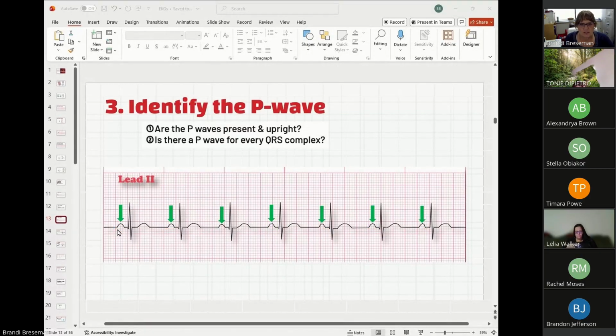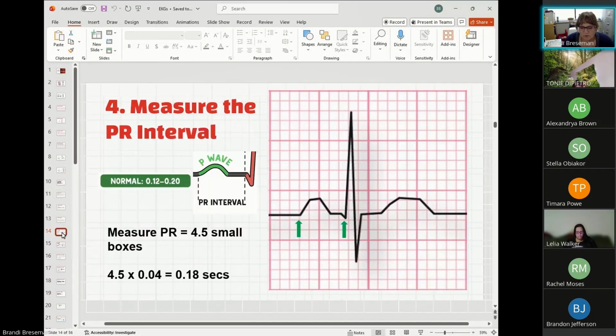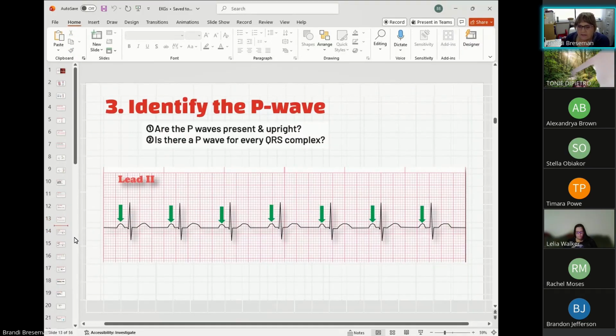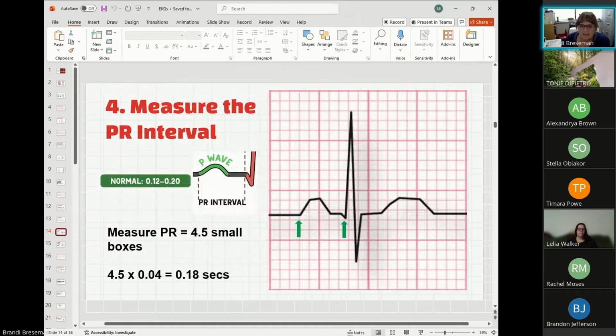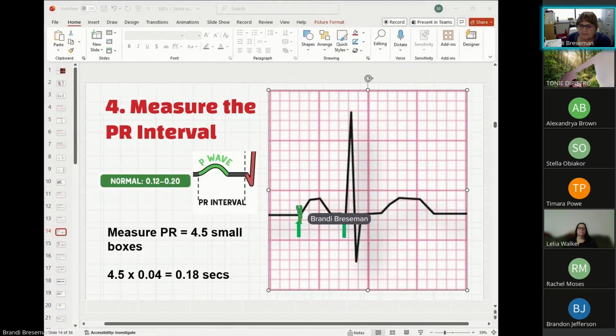The next question that we're going to ask is to measure that PR interval. So we're going to go in and actually measure that space. We said the PR interval starts at the beginning of the P wave, so right here, and ends at the beginning of the Q. So now what we want to do is count our small boxes, because this is our big box. Remember, we have the big boxes and we have the small boxes.